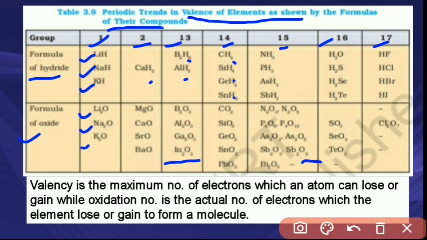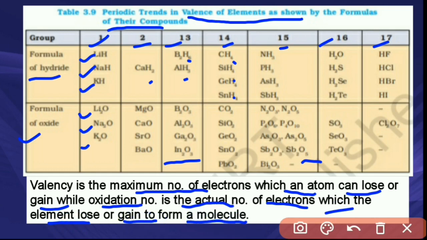elements. So the valency is the maximum number of electrons which an atom can lose or gain, while oxidation number is the actual number of electrons which the element loses or gains to form a molecule.